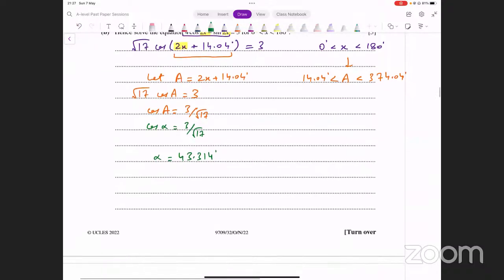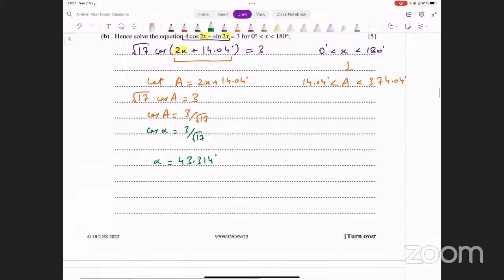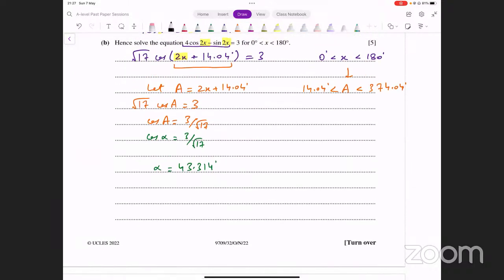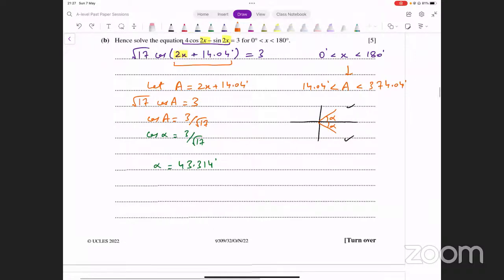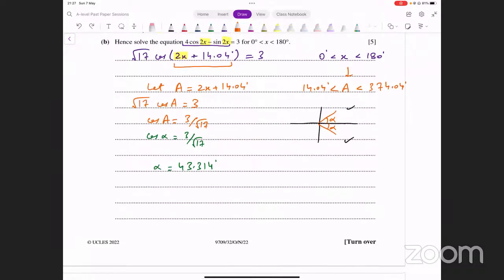Okay. अब हम क्या करेंगे? We are going to think of quadrants. Which quadrants can we be in? Cos is positive. Where is cos positive? Cos is positive in the first quadrant or in the fourth quadrant. ये दो quadrants हैं जहाँ पे cos positive होता है. So you can either be here, alpha could be here, or alpha could be here. अब first quadrant में angle क्या बनता है आपके पास? 43.314. Let's write that down first of all.